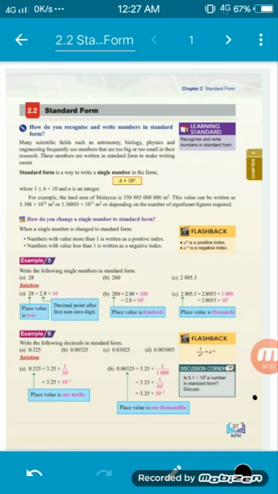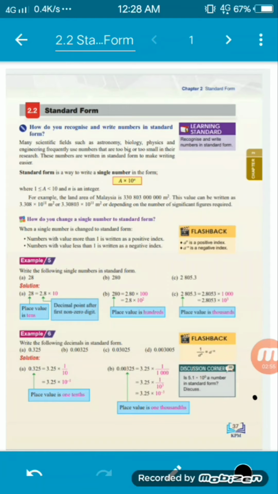For example, 28 equals 2.8 times 10. Next is 280, equals 2.80 times 100, equals 2.8 times 10 to the power 2.